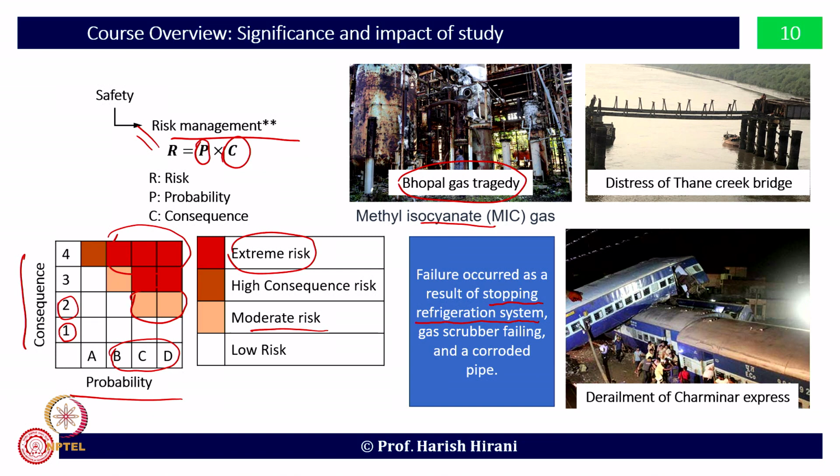So, this is why I say that in India cost has a lot of impact. Whatever the best solution you get, things may not work, because people say the solution is very costly. So, this is what the operator thought about: stopping the refrigeration system to save cost.